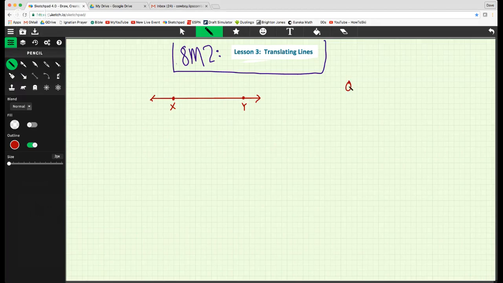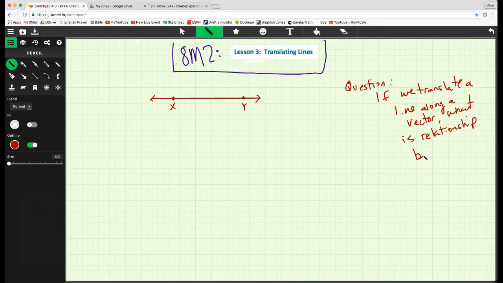Now, the question is, if we translate a line along a vector, what is the relationship between the original line and the translated line?